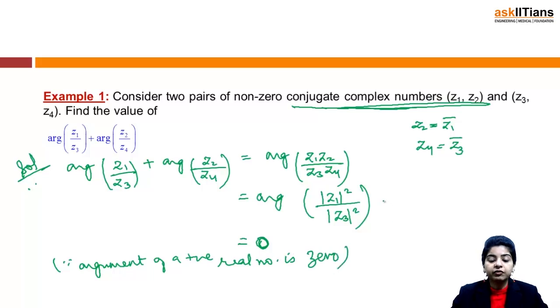These are positive real numbers, mod z1 square by mod z3 square, and we are required to find the argument of a positive real number, and therefore the argument becomes 0. So this question was quite simple. It was a question of a few seconds, provided you are well versed with the properties of conjugate, modulus, argument. All these properties must be clear to you.